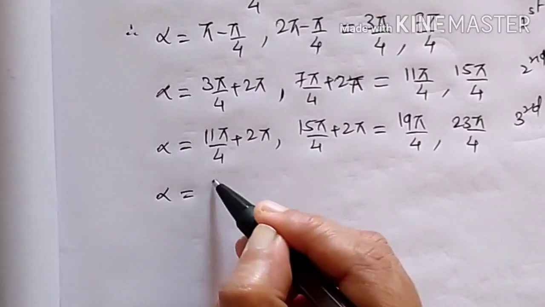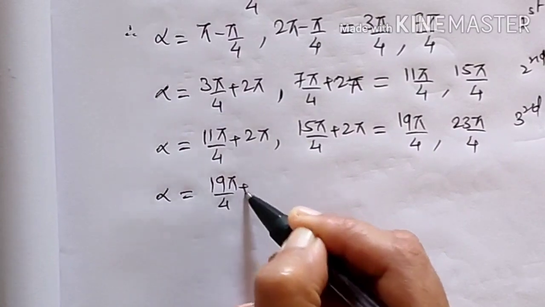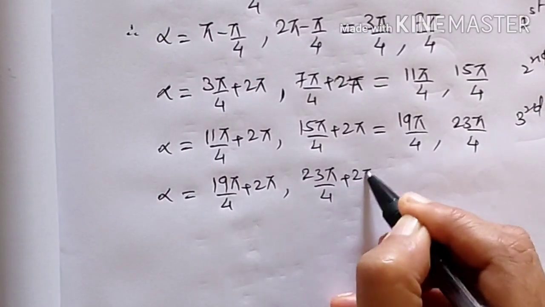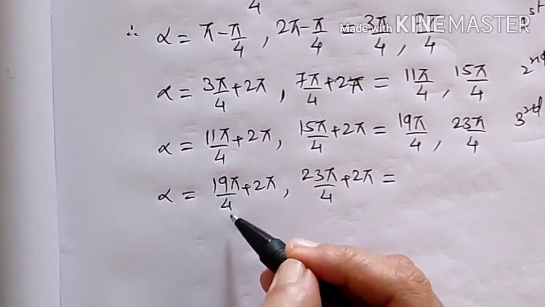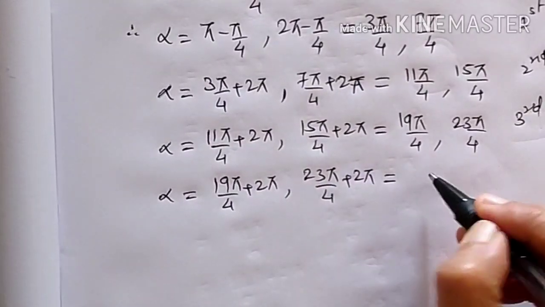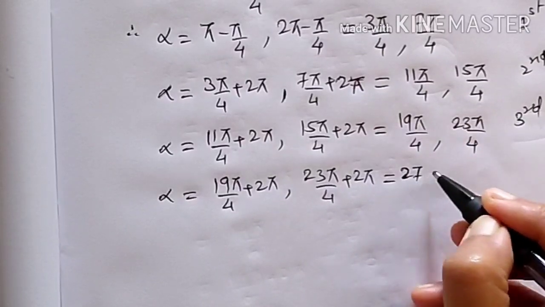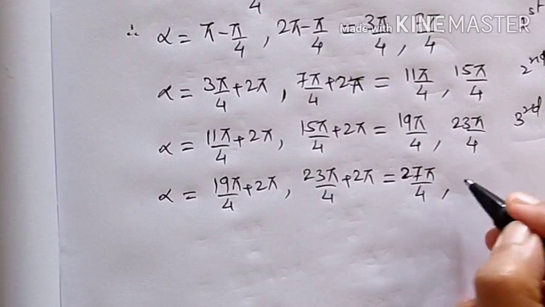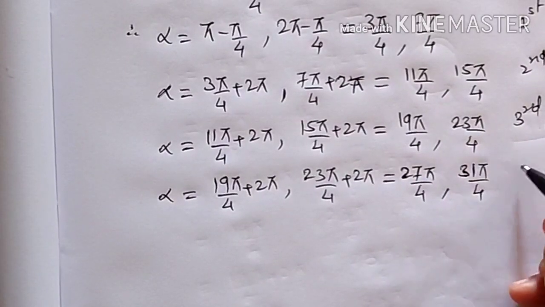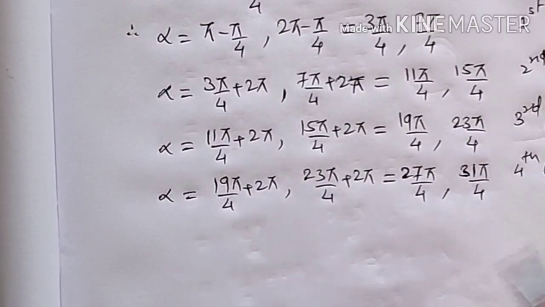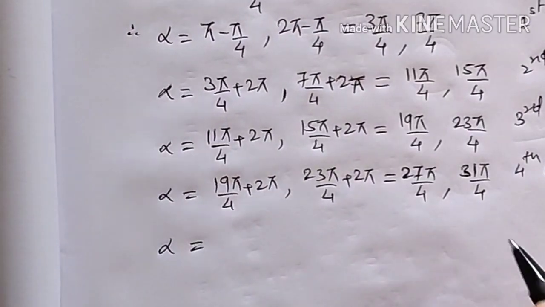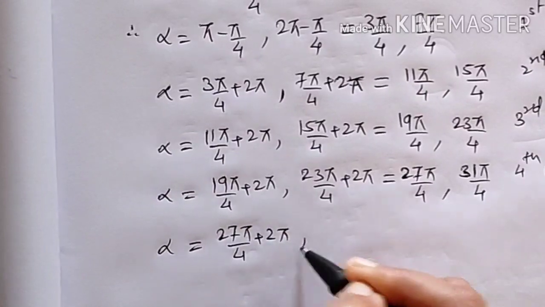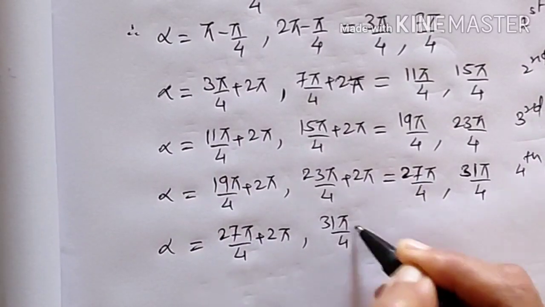Other possibilities: 19 pi by 4 plus 2 pi, 23 pi by 4 plus 2 pi. So 19 plus 8, that means 27 pi by 4 and 23 plus 8, 31 pi by 4, fourth rotation. One more is possible, 27 pi by 4 plus 2 pi, 31 pi by 4 plus 2 pi.